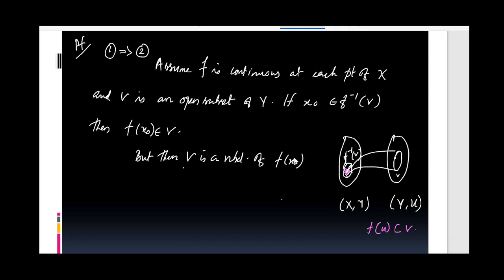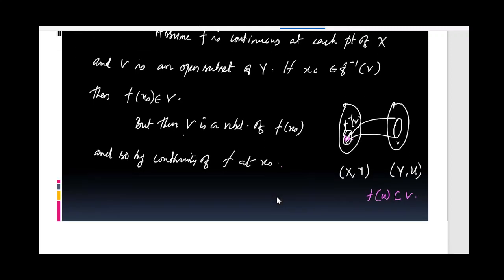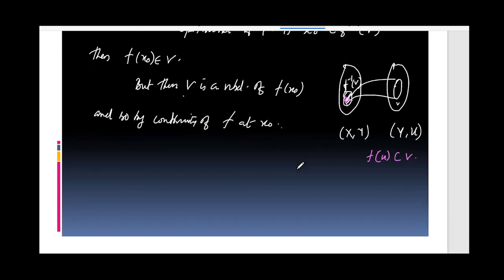And so by continuity of f at x naught, what you will get? f inverse of V is a neighborhood of x naught.